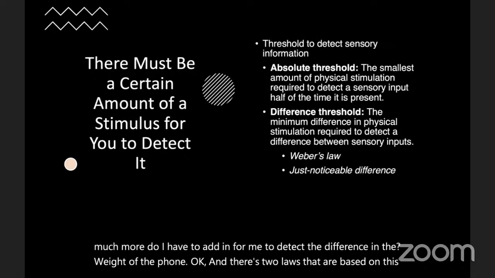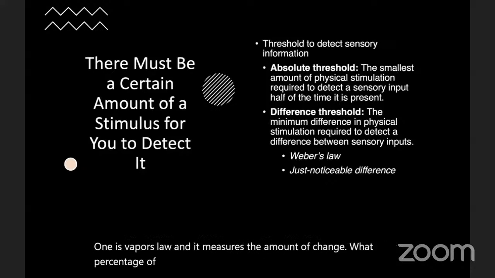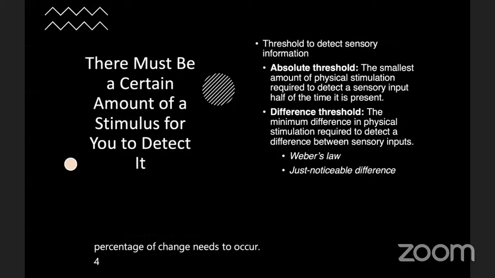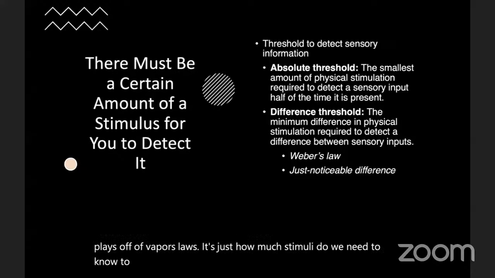One is Weber's law, and it measures the amount of change, what percentage of change needs to occur for us to detect it. And then the just noticeable difference kind of plays off of Weber's law. It's just how much stimuli do we need to detect a difference, okay?